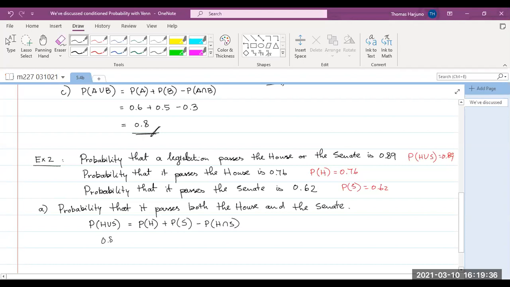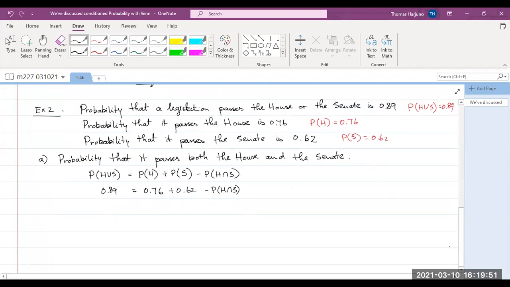And I plug in numbers. So this is 0.89 equals 1.38 minus probability of the intersection.